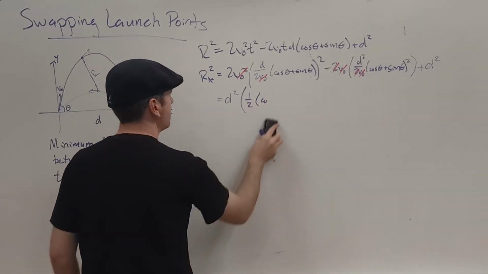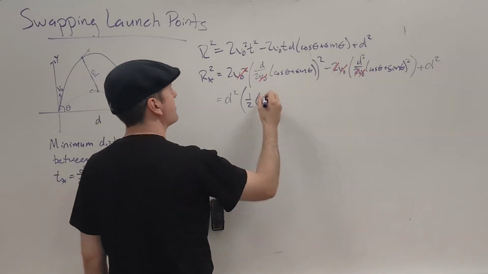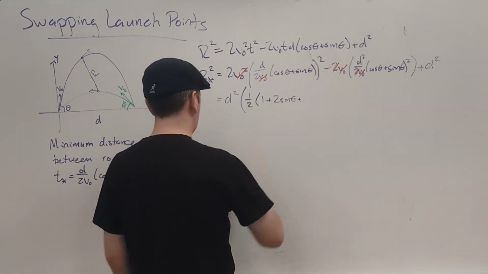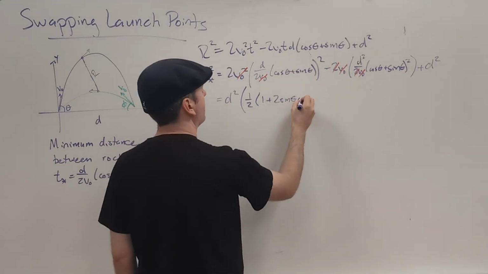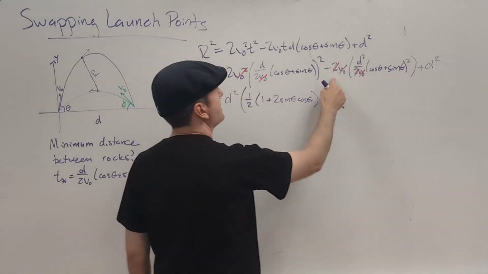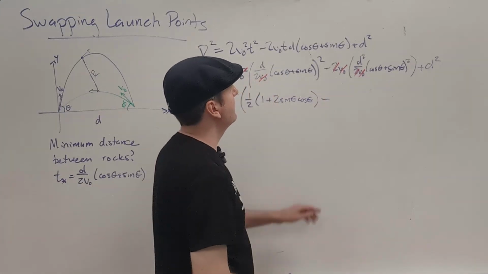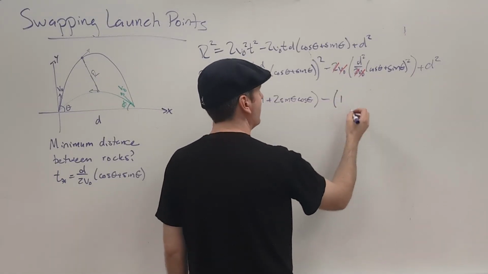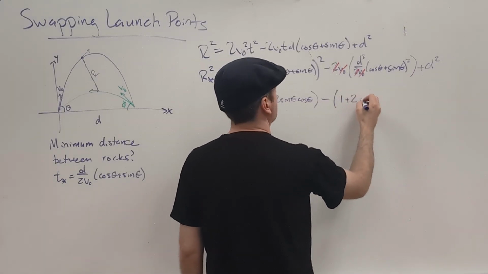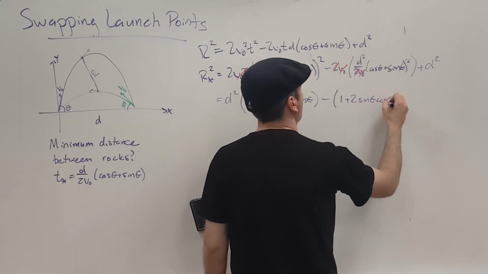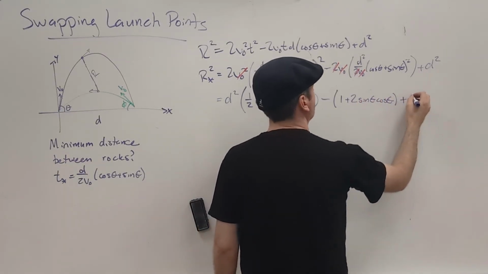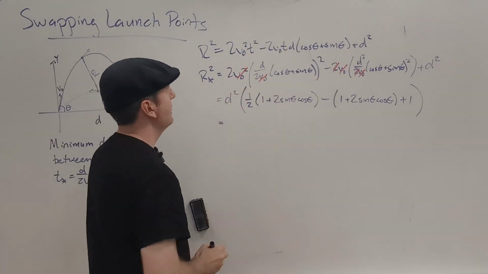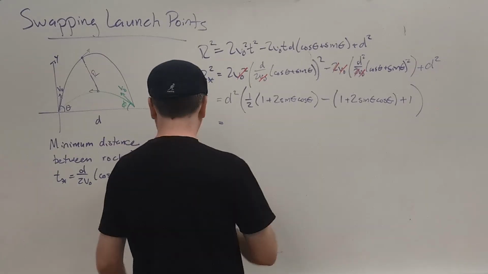So, you know what? We've done this before. Cosine squared plus sine squared is 1, and then I'll have twice the cross term. And actually, if you want, you can immediately write this in terms of a double angle formula. The second piece, which is attached to a negative sign, also will expand this out. So I'll have a 1 plus twice the cross term. And then I'll have this little +1 stuck on the very end. Okay. Cleaning everything together, what do we get?